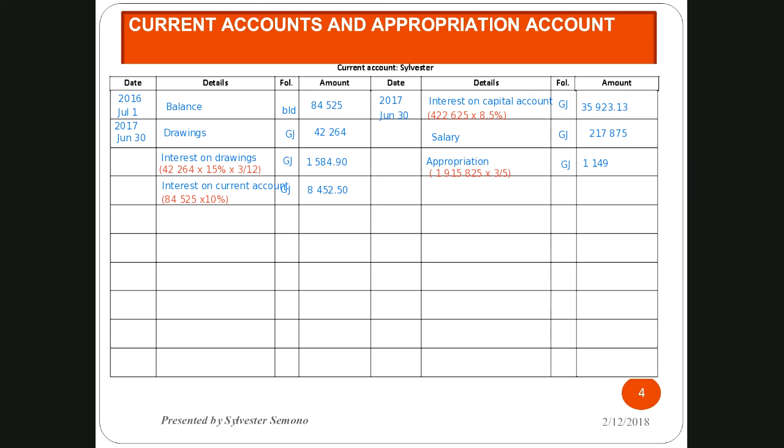Okay, that is the amount, and thereafter, you just have to balance the account according to the way we used to balance the account.